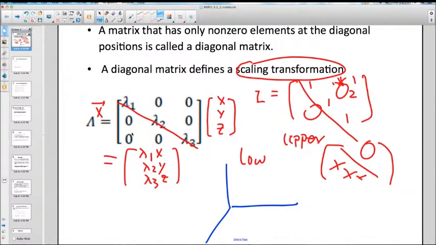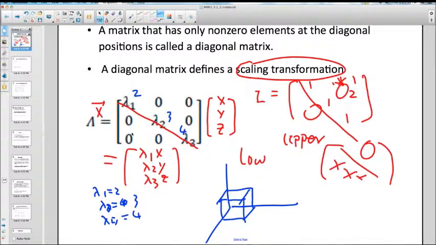You can start from a box like this size. And if I let lambda 1 equal 2, lambda 2 equal 3, and lambda 3 equal 4, then your x, y, z will become 2x, 3y, 4z.